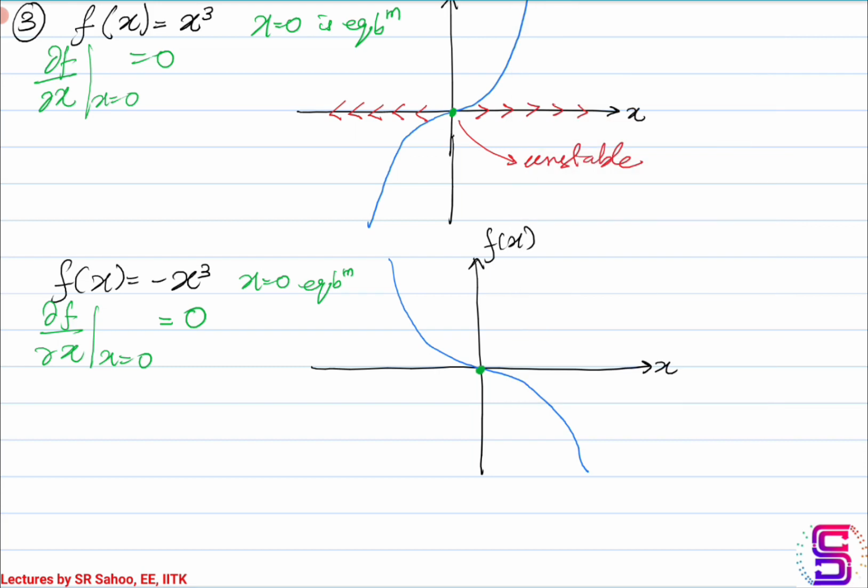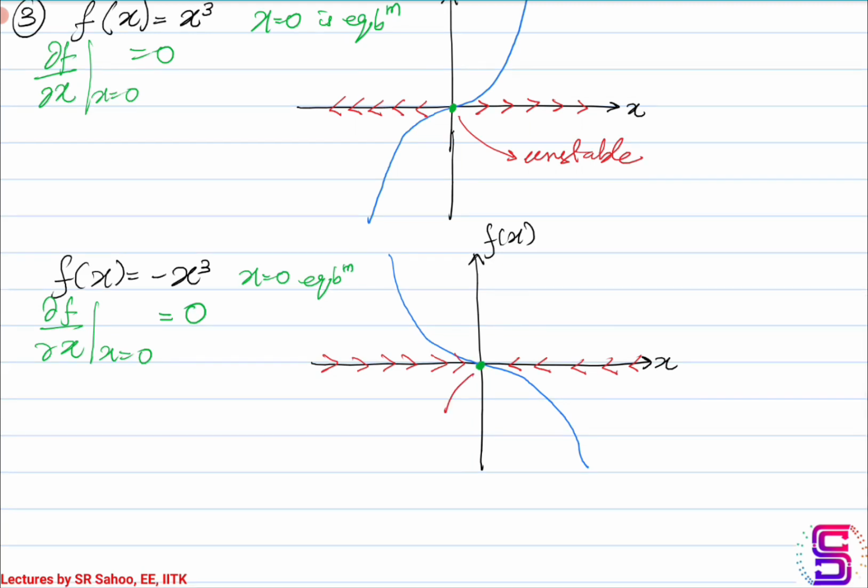For all points toward the right of 0, you'll have vectors pointing towards the equilibrium point x equal to 0, and for all points toward the left of 0, you'll again have vectors pointing towards the point x equal to 0.